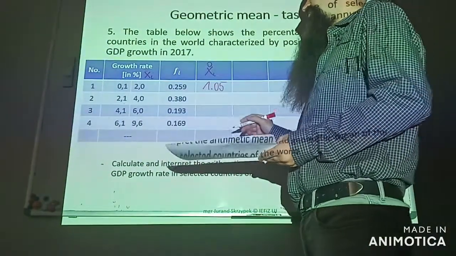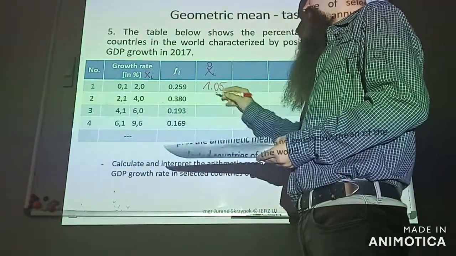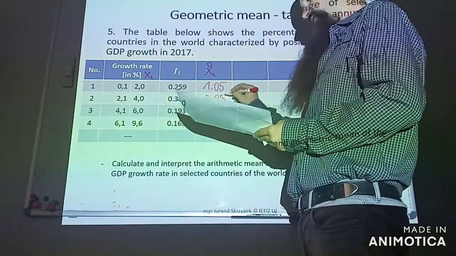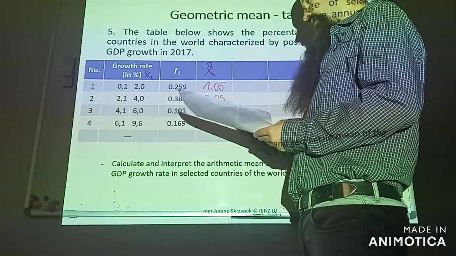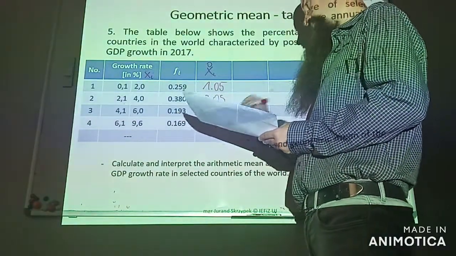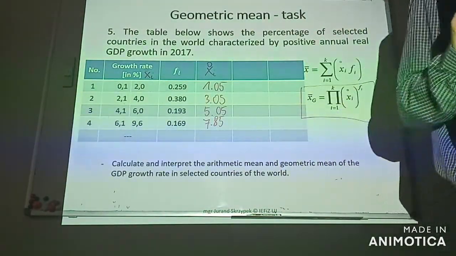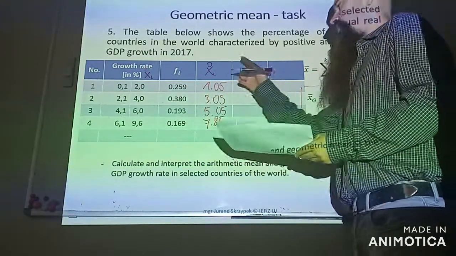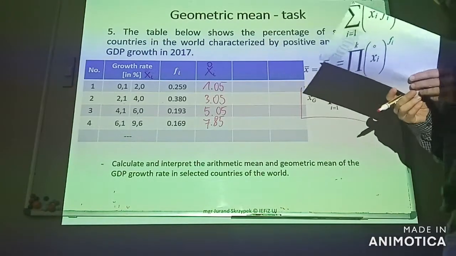And the next, 6.1 divided by 2 is 3.05, and so on: 5.05, 7.85. Okay, we have the column which is titled the middle of the classes.